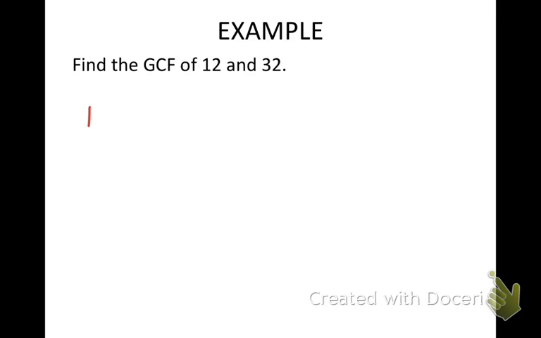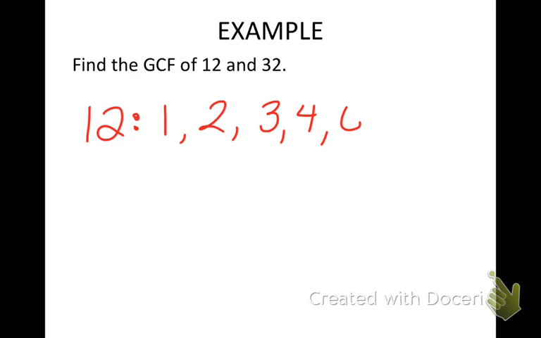What are my factors of 12? 1, 2, 3, 4, 6, and 12 would be my factors of 12. Okay, now let's do the same thing for 32. 32 would be 1 and 32.